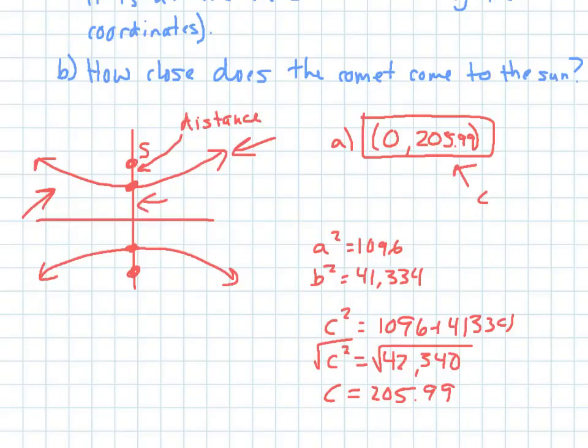Since A squared is 1096, we take the square root of that. That gives me 33.11. Okay? And so the distance between the two would be the sun's distance minus that distance, and that would get us this in-between distance.